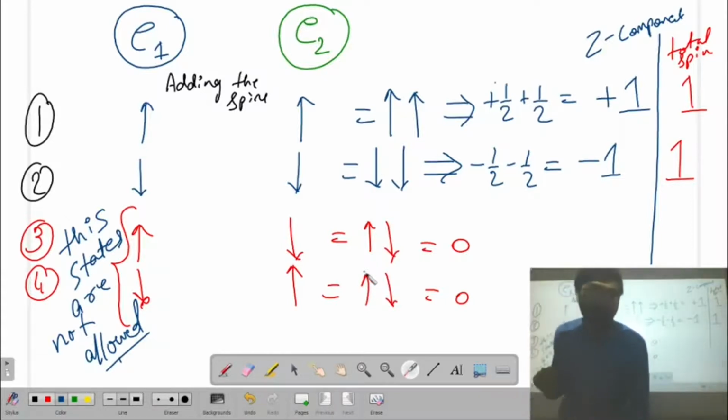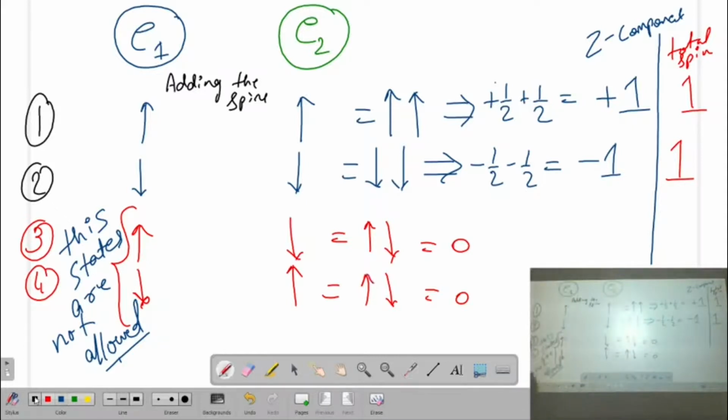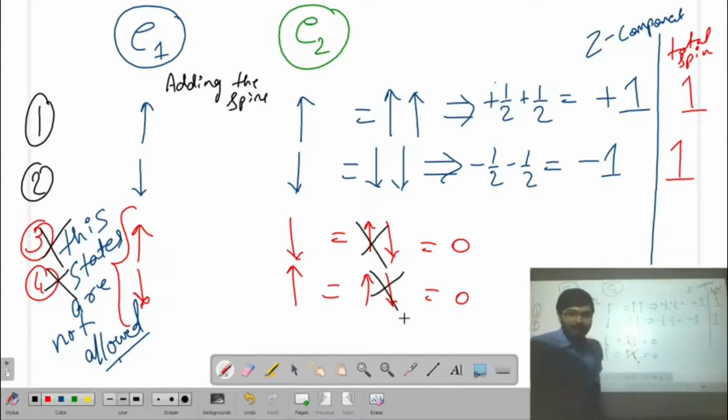So if this is not allowed, then there has to be a combination of these two states.